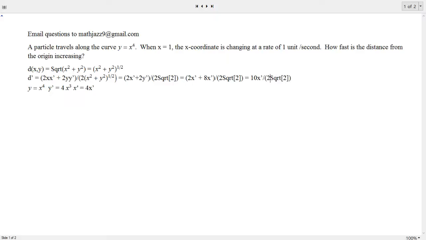And this 2 will cancel with a 2 here and leave us with that.